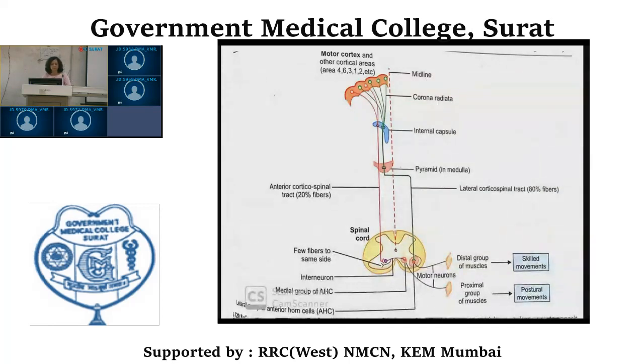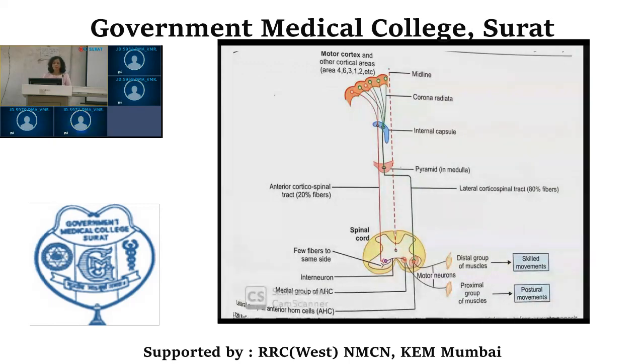Maximum fibers of the lateral corticospinal tract synapse with the alpha motor neuron directly, and some fibers synapse via an interneuron.